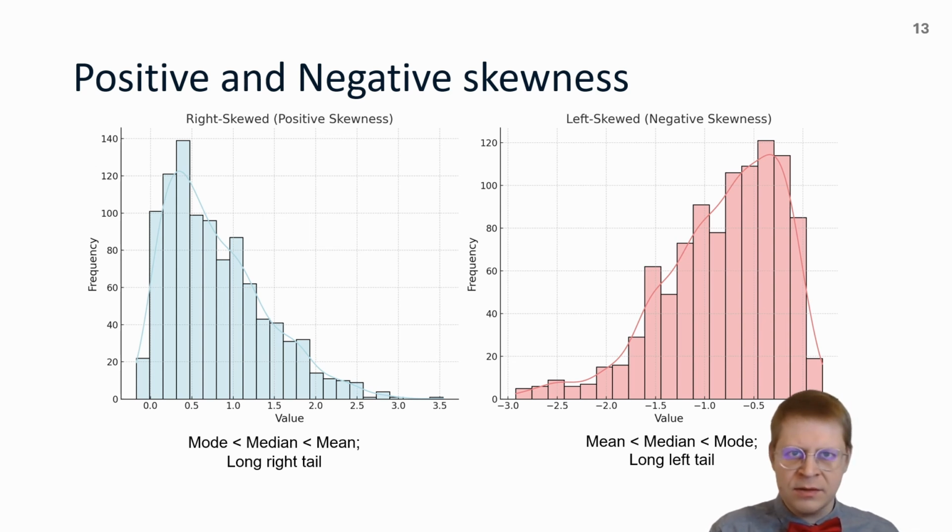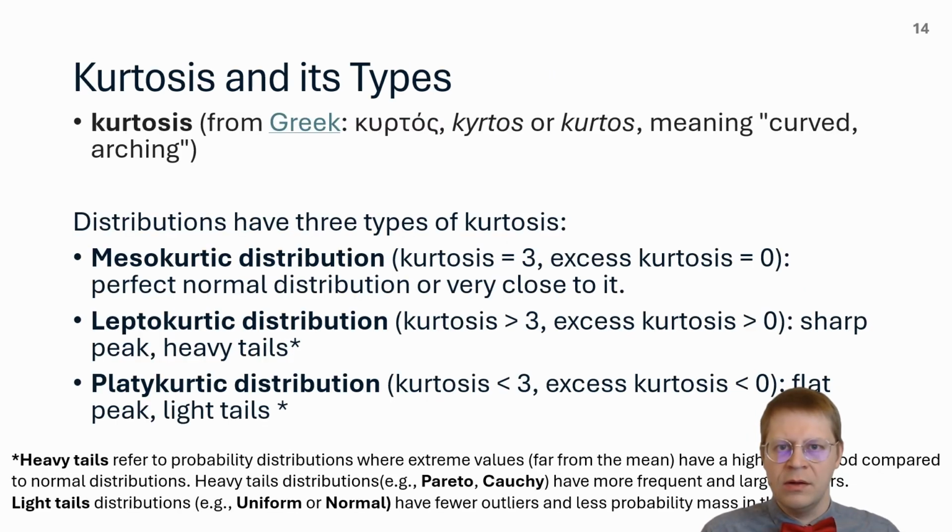On the other hand, negative skewness indicates a longer left tail, with the mean being the smallest value. Understanding these differences is crucial because the skewness of your data can affect the performance of statistical tests and predictive models, and often transformations are necessary to achieve a more normal distribution.